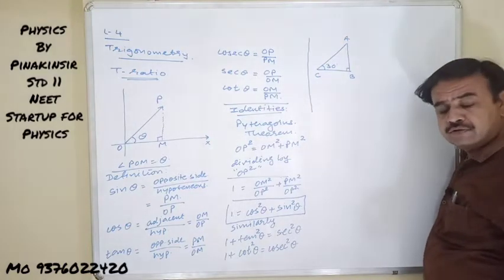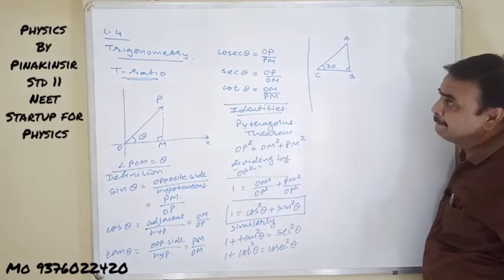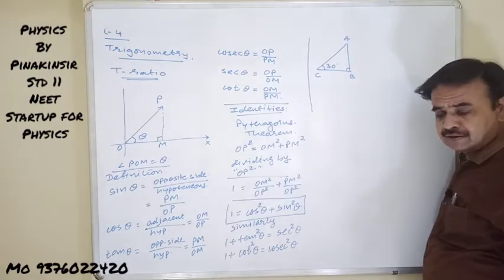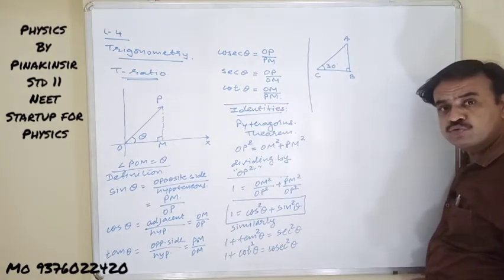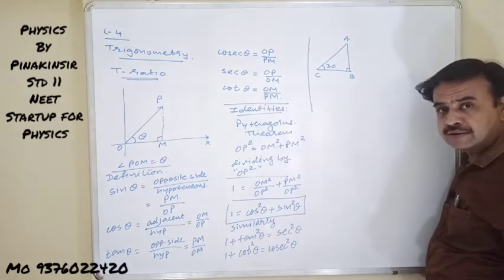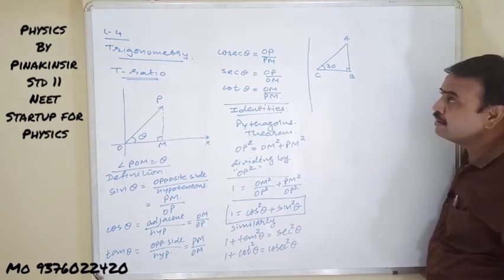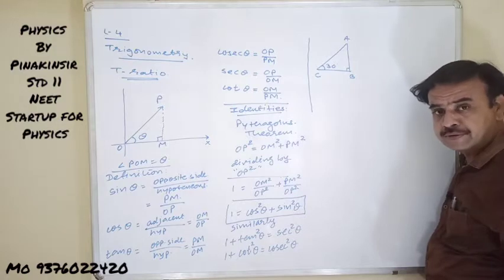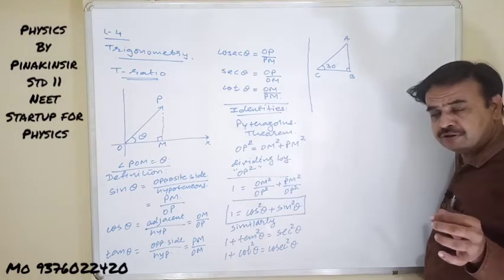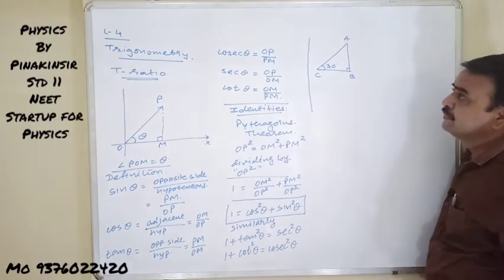You know very well one result in right angle triangle, the side opposite to 30 degree angle is exactly half of hypotenuse. That is the result it was in previous standards.